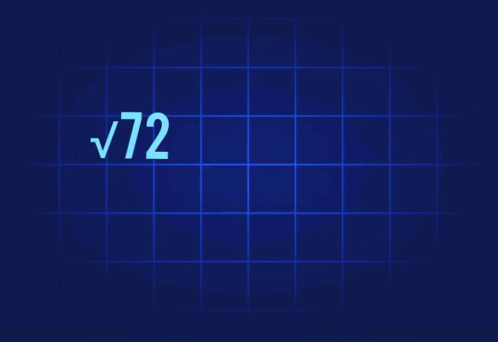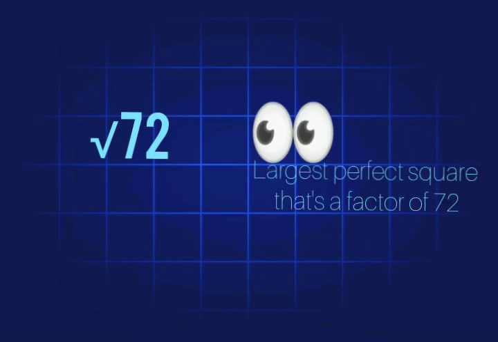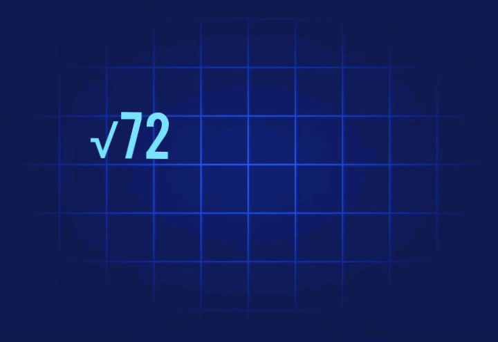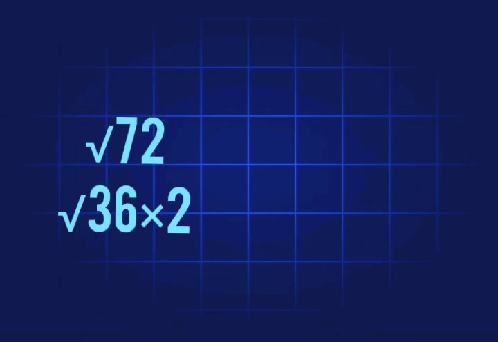Now, let's try something slightly more challenging. What about the square root of 72? We look for the largest perfect square that is a factor of 72. That perfect square is 36. So 72 can be written as 36 multiplied by 2.